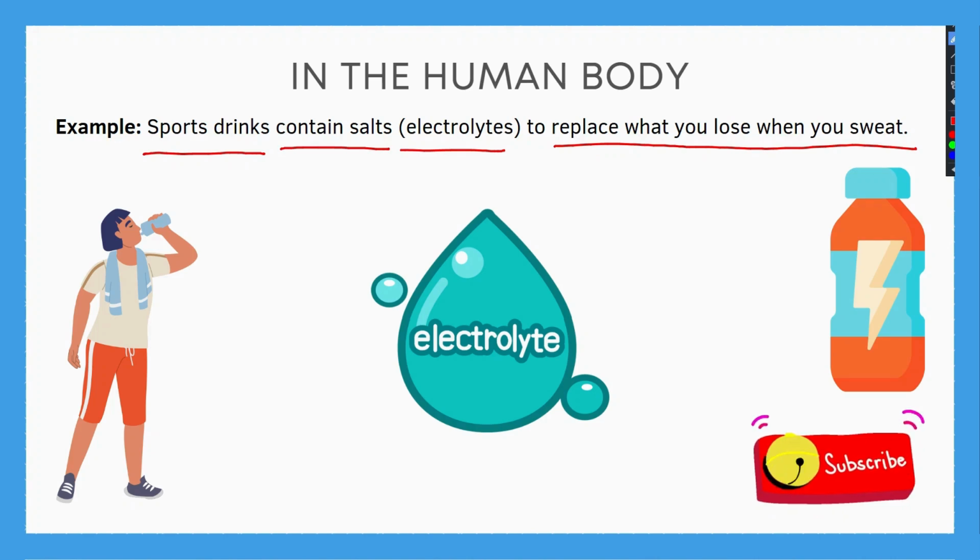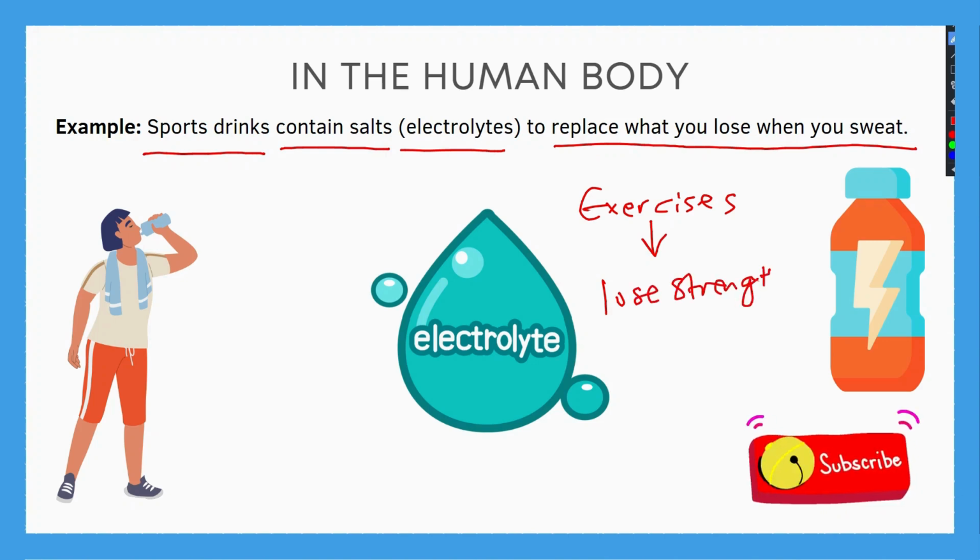Now, you would agree with me that in the process of carrying out rigorous activities like exercises, you sweat a lot, and in the process of sweating, you lose strength, or you begin to feel weak. This is where the concept of sports drinks comes in. They contain electrolytes that help you to replace what was lost in the process of sweating.